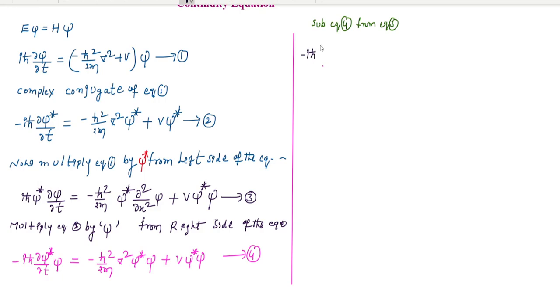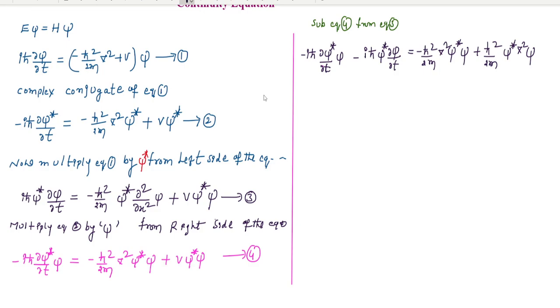Minus iħ ∂²ψ/∂t ψ* minus iħ ψ* ∂ψ/∂t equal to minus ħ² divided by 2m ∇²ψ ψ* plus ħ² divided by 2m ψ* ∇²ψ. So after subtracting, I got this equation.